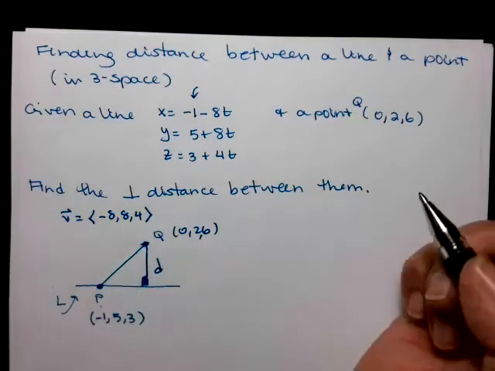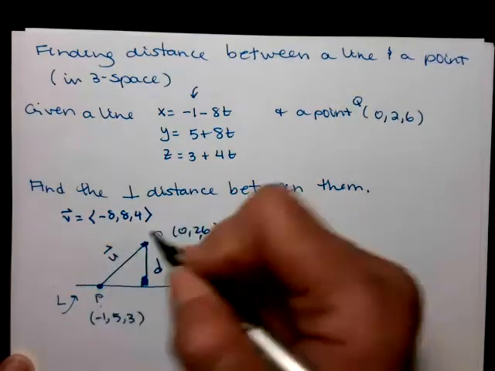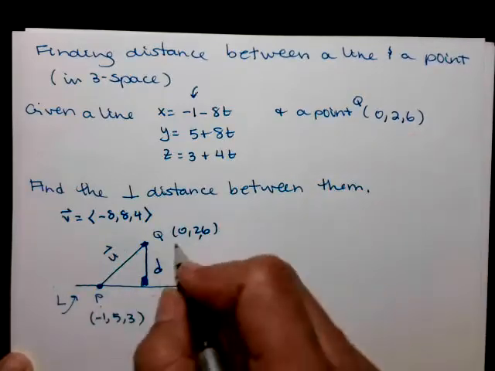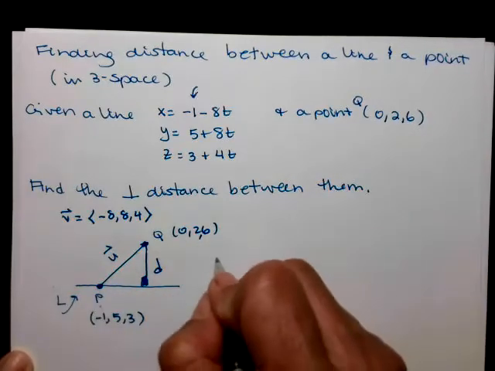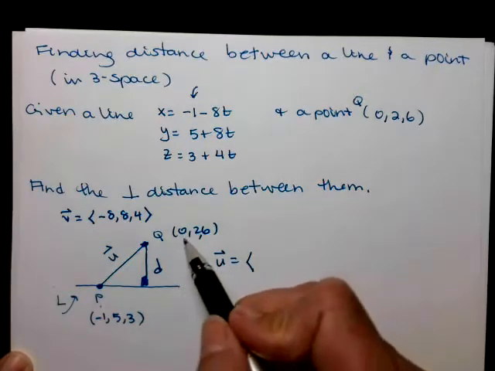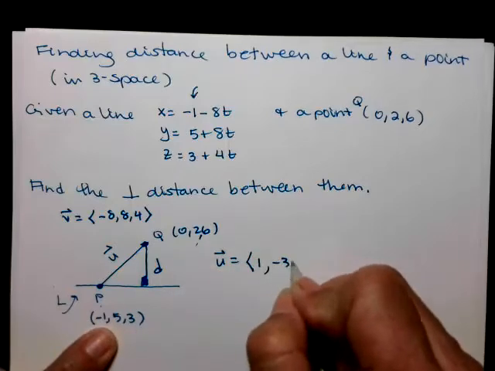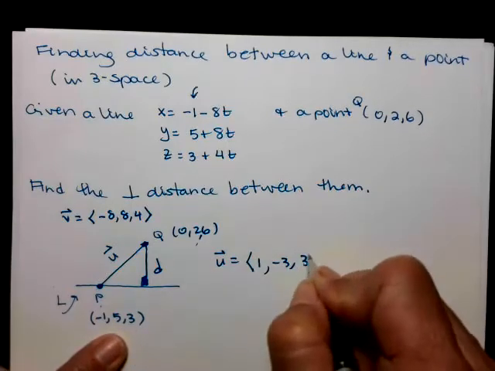Before I do that, let's go ahead and find that vector. Let's find the vector from P to Q and call it vector U. So vector U is going to be 0 minus -1, 2 minus 5, 6 minus 3.